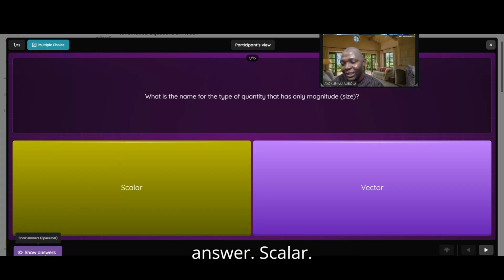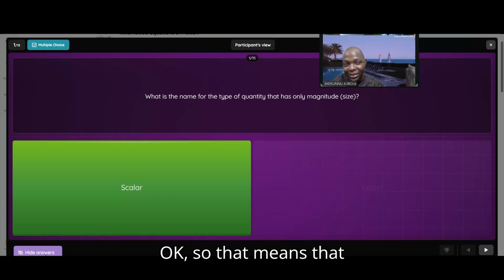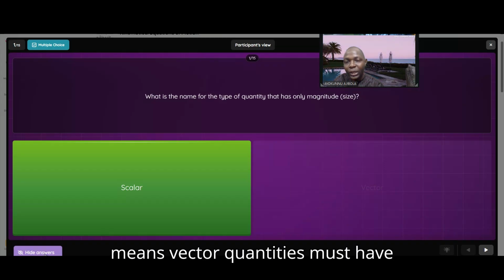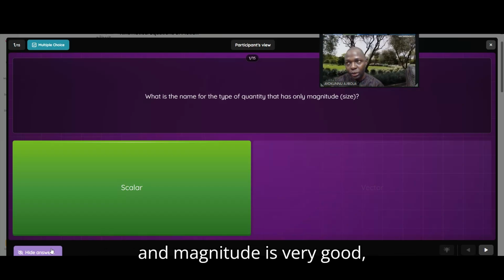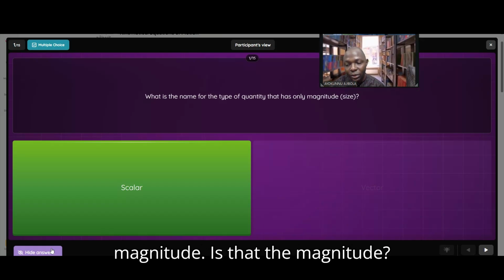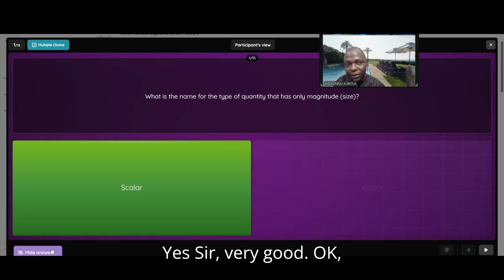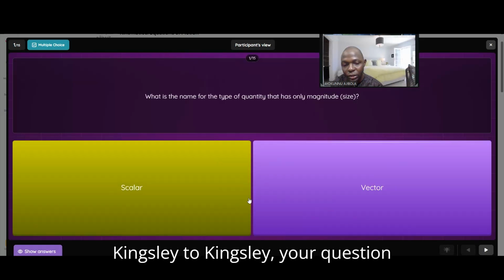Let's check the answer. Scalar. So that means vector quantities must have both magnitude and direction. But a scalar quantity has only magnitude. Is that clear? Only magnitude. Yes, sir. Very good. Take note of that, and Kingsley too.